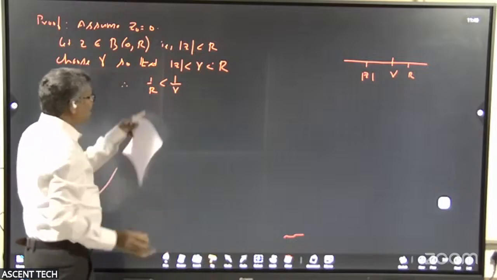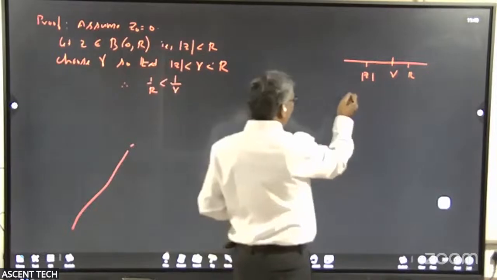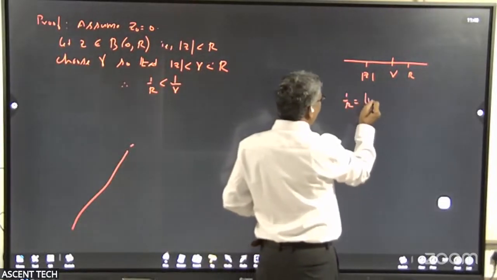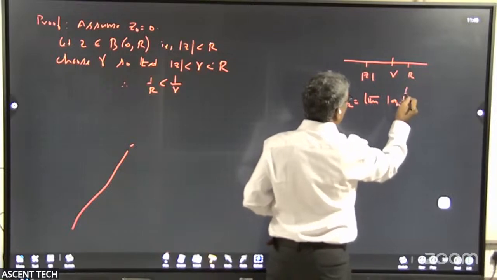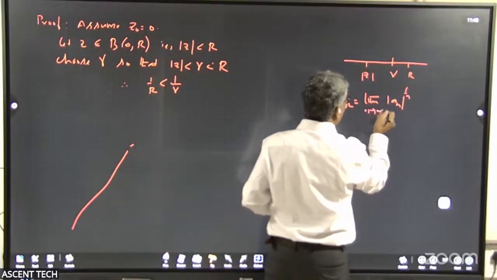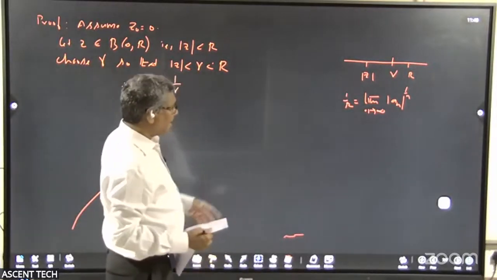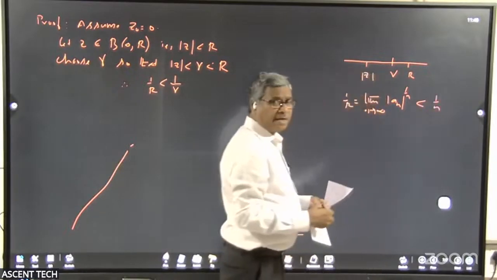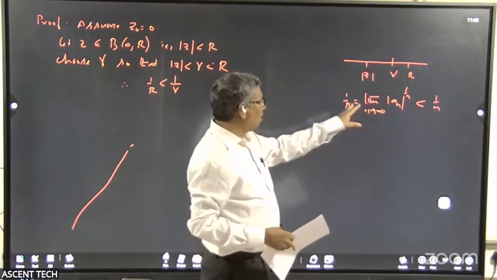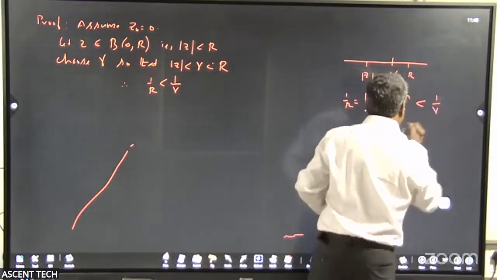What is this R? 1/R is the limit supremum of |a_n|^(1/n), and I have taken a number beyond that, so the limit should go to this, and therefore it will be less than 1/r.